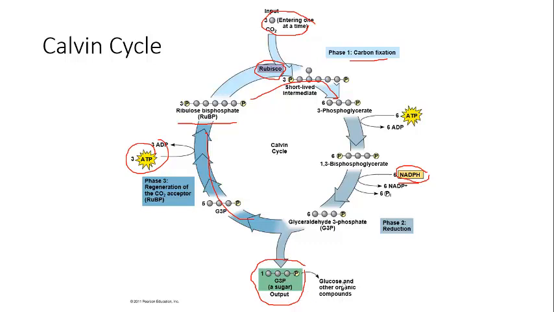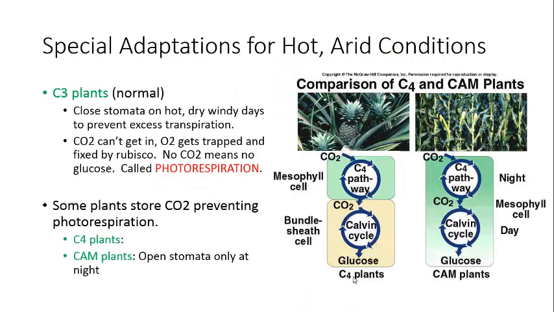Here we see our major product of photosynthesis, glucose. Glucose contains chemical energy stored in its chemical bonds. Normal plants are called C3 plants, and C3 plants encounter problems on hot, dry, and windy days.